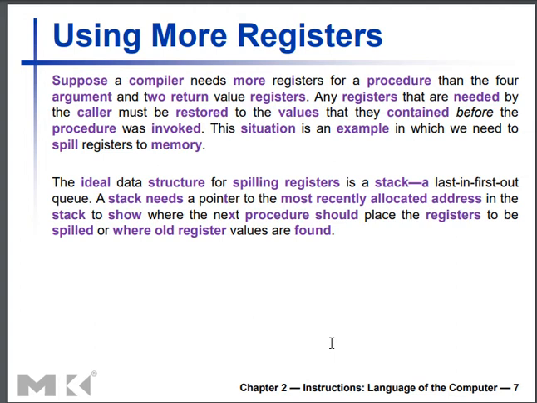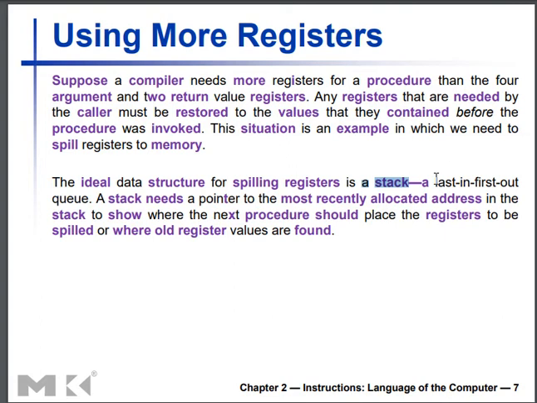So that means that we need to spill registers to memory. We transfer the register values to memory. That's the meaning of spilling registers to memory. The data structure that we use for spilling registers to memory is a stack. Stack means a first in last out data structure: which comes first will be removed last.